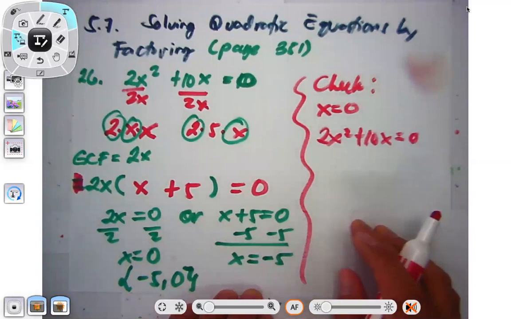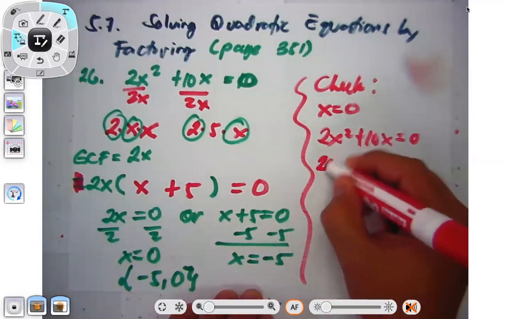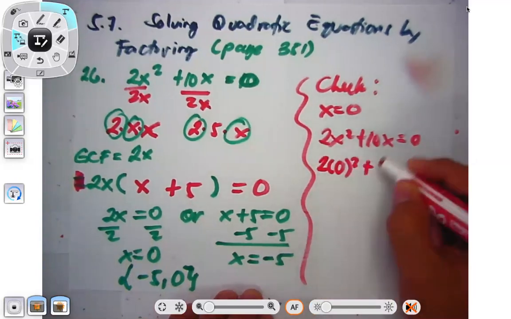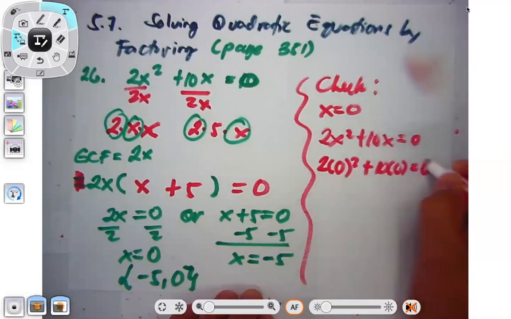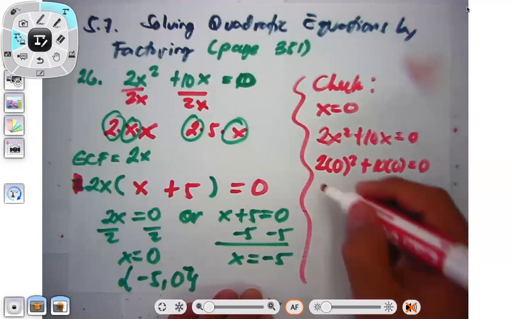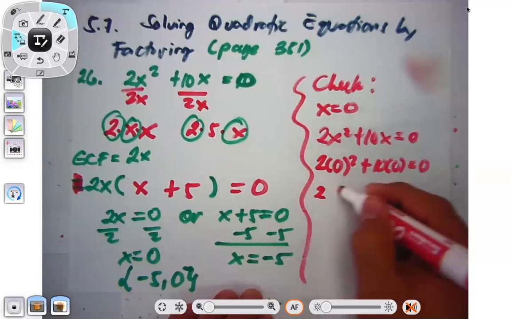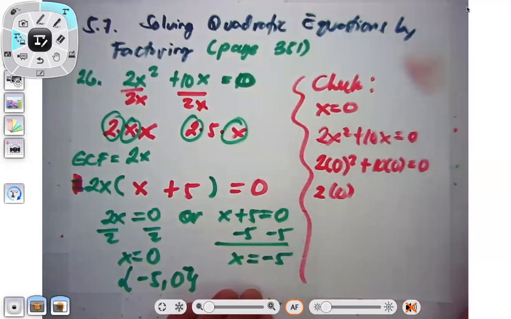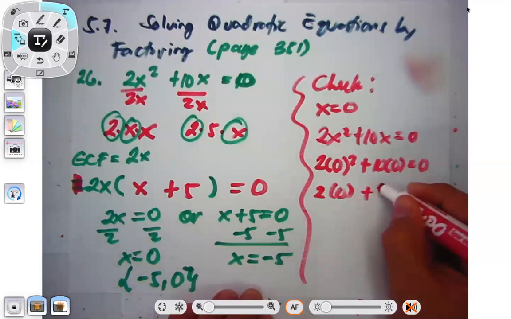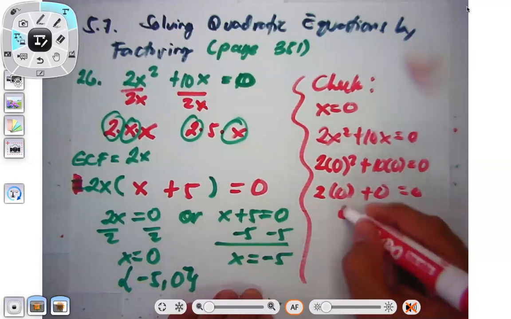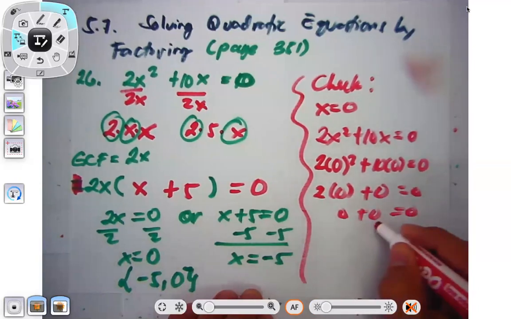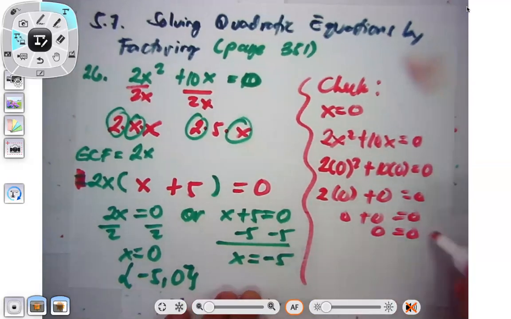When we plug in 0 to x, we have 2 times 0 squared plus 10 times 0 equals 0. 0 squared is 0. 10 times 0 is 0. 2 times 0 is 0, plus 0, 0. Well, that's correct. That's a true statement.